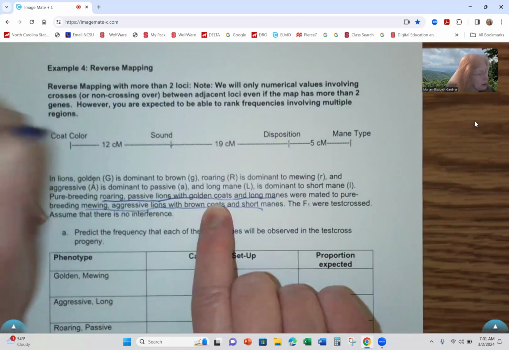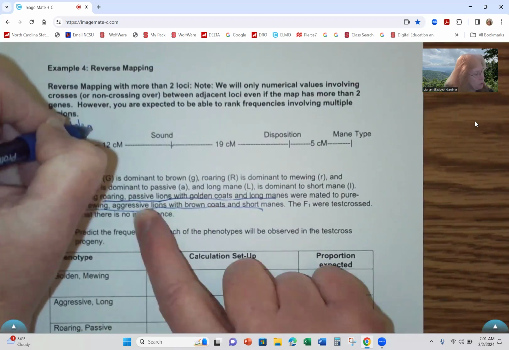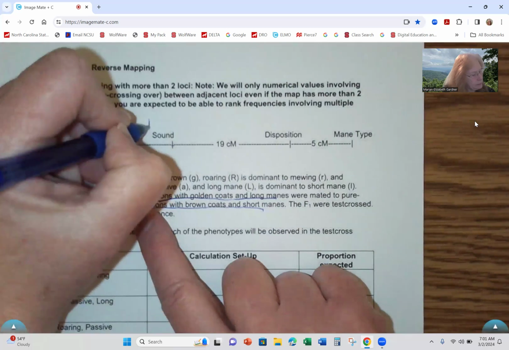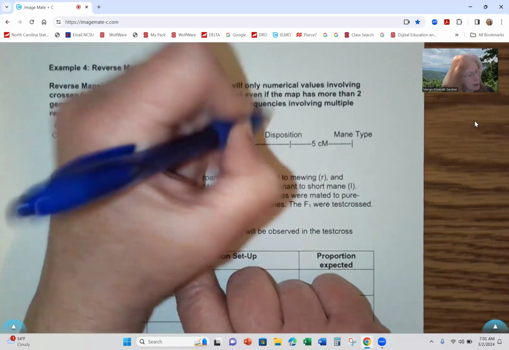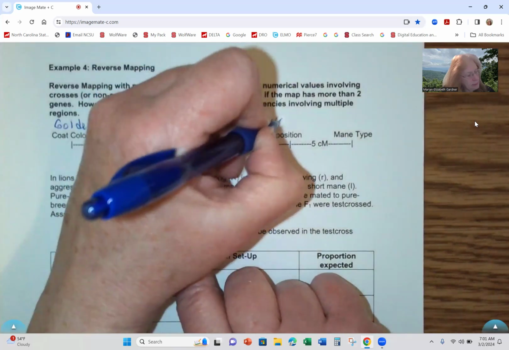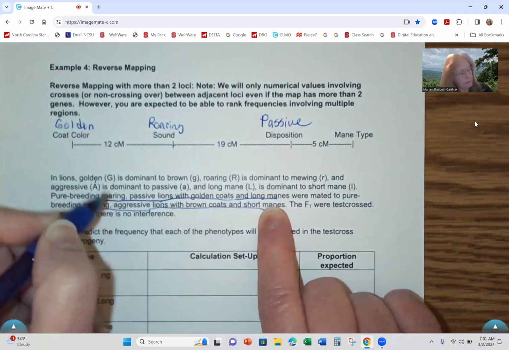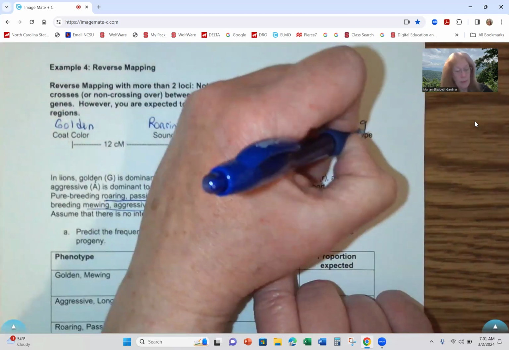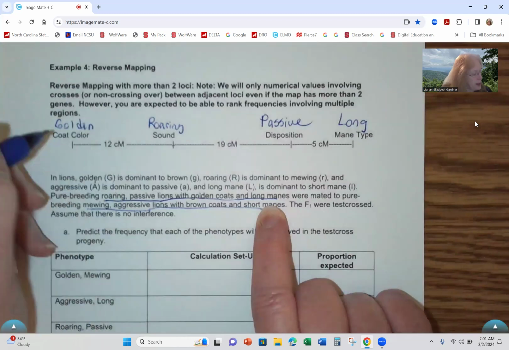So coat color, golden. Sound, roaring. Disposition, passive. And mane, long. Which means we have the opposite types for the other one.